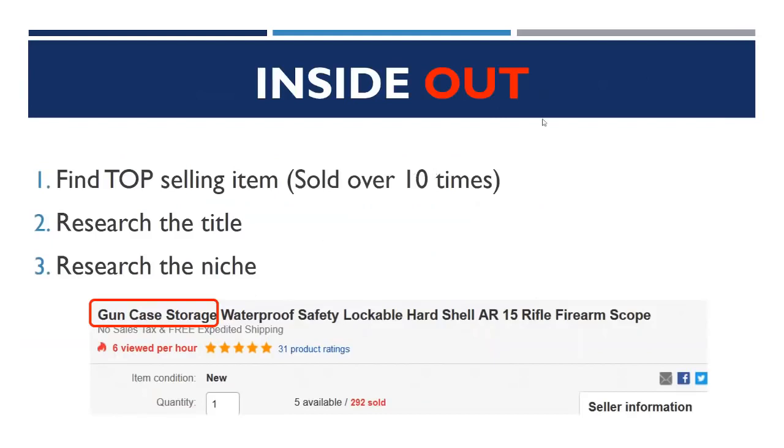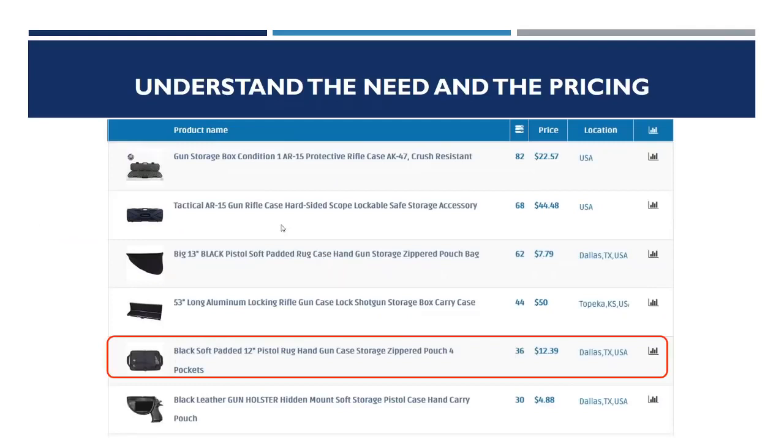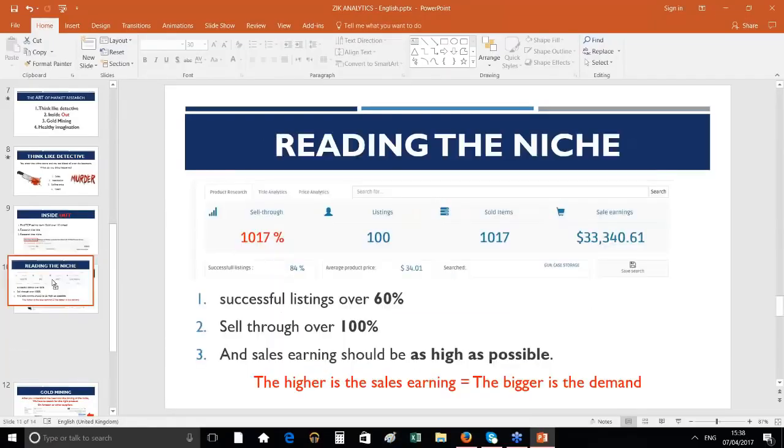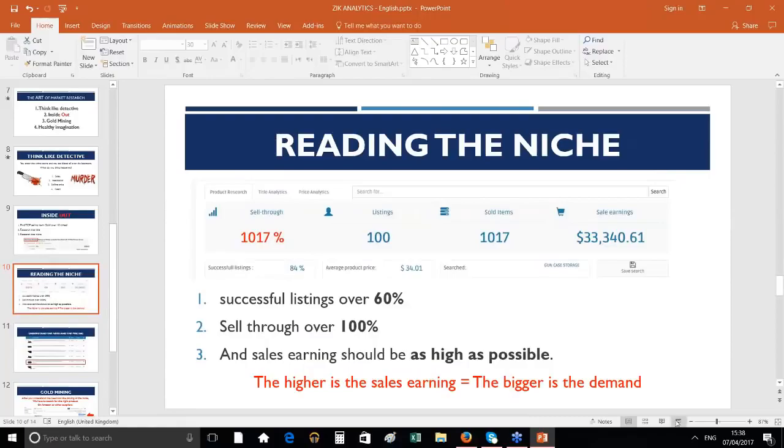So after we run a search in Zik on the keywords that define the niche, we get the results of the whole niche. Now, when we see the results of the whole niche, we can understand if there is a lot of demand or less demand. Oh, let me see, I think I just confused you. Okay, sorry guys, I just got confused.